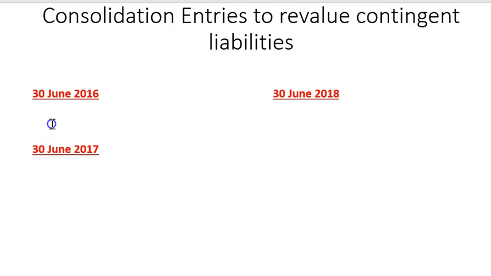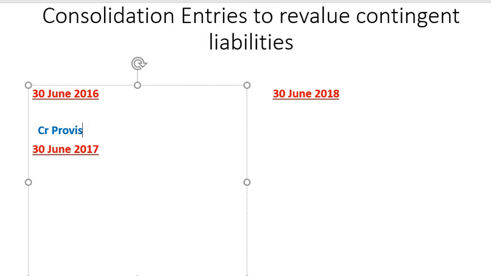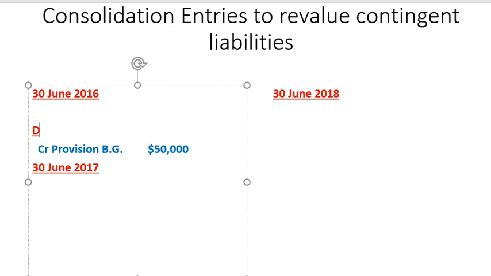So what we're going to do is, because it's a liability, the way we're going to be increasing it is crediting it. So we'll be looking to credit the provision for the bank guarantee, right, by $50,000. So that will increase the liability on our balance sheet.